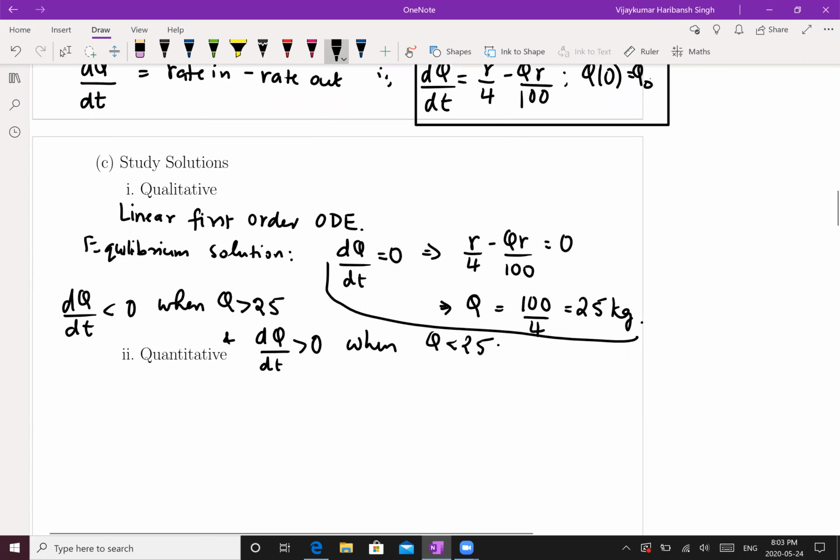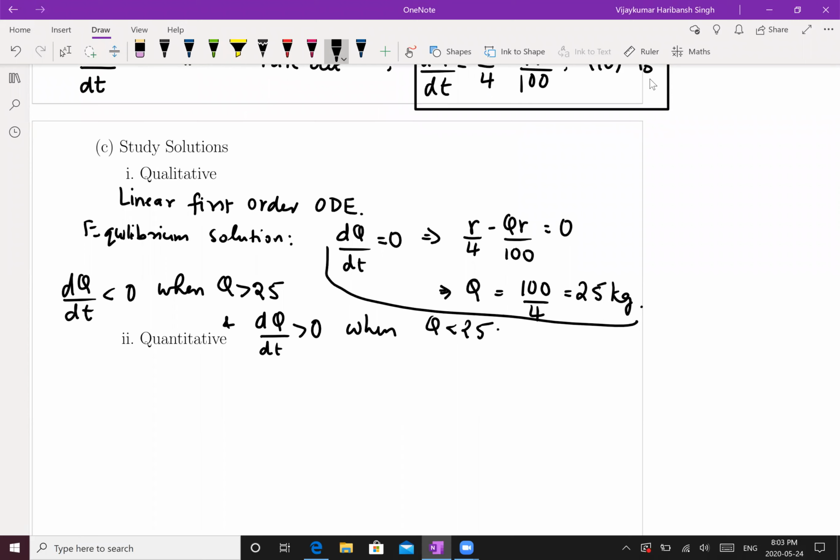So these are the qualitative solutions. If you want, you can draw the direction field. So 25 is the equilibrium solution, my bad.